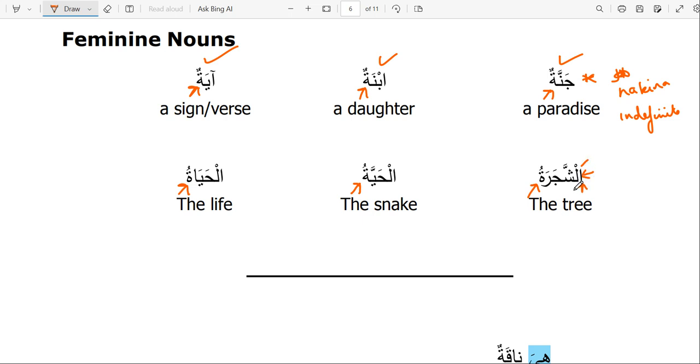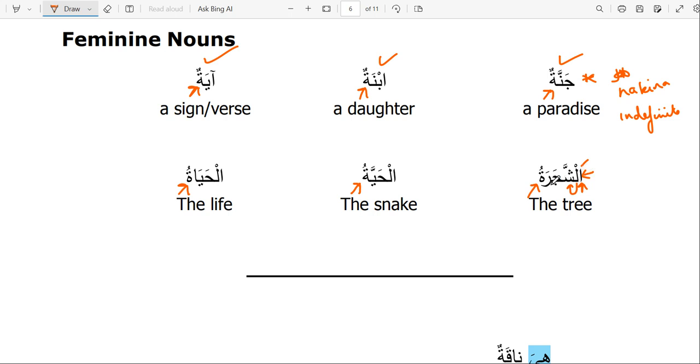So here comes al. How will you pronounce it? Will you pronounce the al? No, we will not pronounce the lam here, because the next letter has a shadda. So this lam is a Shamsiya lam. So we will say ash-shajaratu.